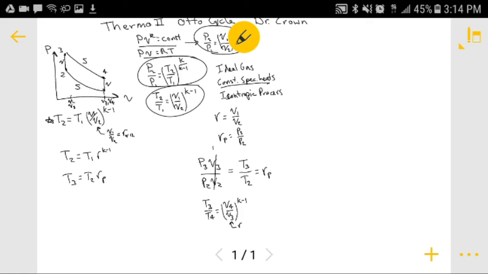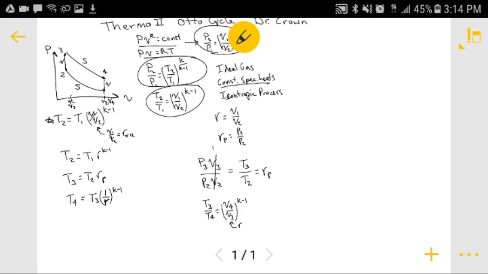So V4 over V3 is the same as V1 over V2, which I've defined as r. So finally I get T4 equals T3 times 1 over r to the k minus 1. So now I have all my temperatures.